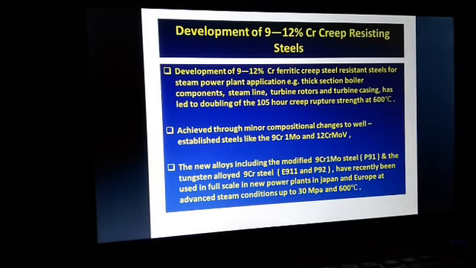This was achieved through minor compositional changes to well established steels like the 9 chrome 1 Mo and 12 chromium molybdenum.